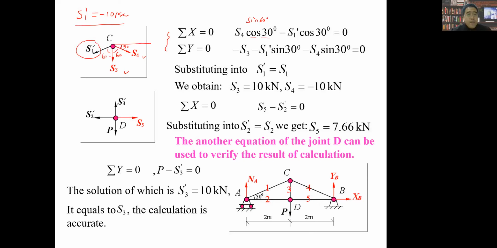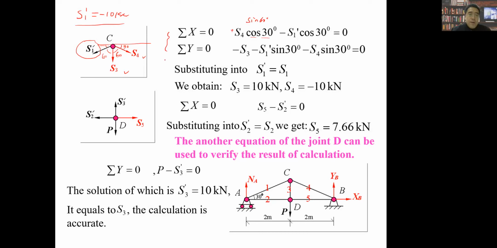So we have S4 times cosine 30. These components have a positive sign, right? And this S1 prime times cosine 30 here, but its direction will be negative because it's along the negative direction of x. So we have minus S1 prime cosine 30, right? So we have the first equation.